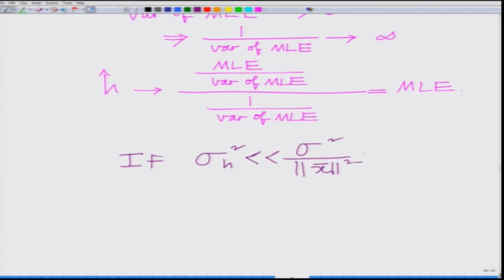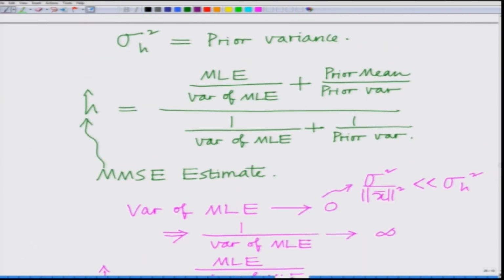In this case sigma square divided by norm x bar square is the variance of the maximum likelihood estimate. Now, in this case you can see something equally interesting. In this case the opposite happens. In this case 1 over prior variance is very small. So, prior mean over prior variance is very large in comparison to MLE divided by the variance of MLE. So, this quantity becomes dominant, in the denominator 1 over the prior variance becomes dominant.